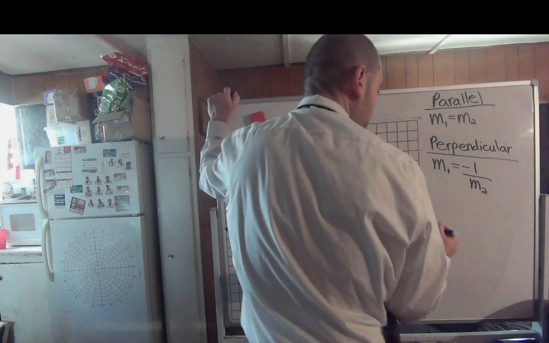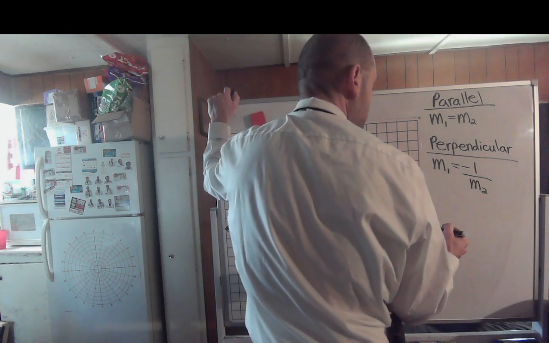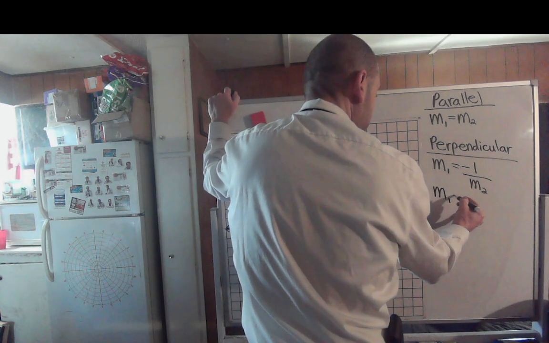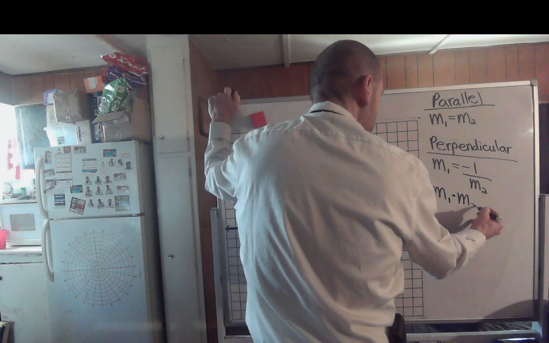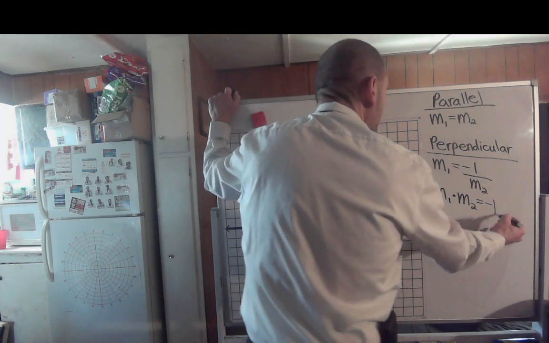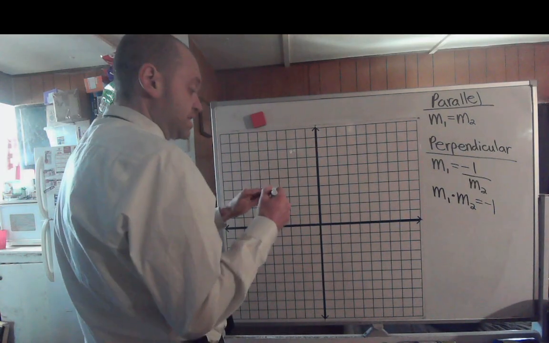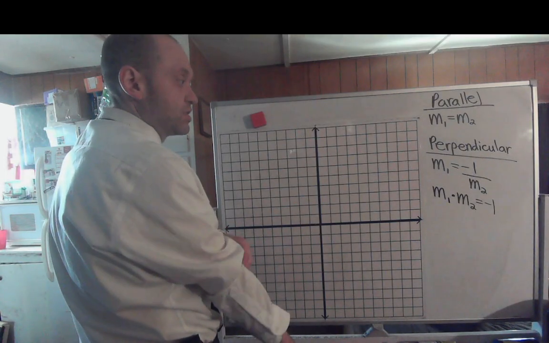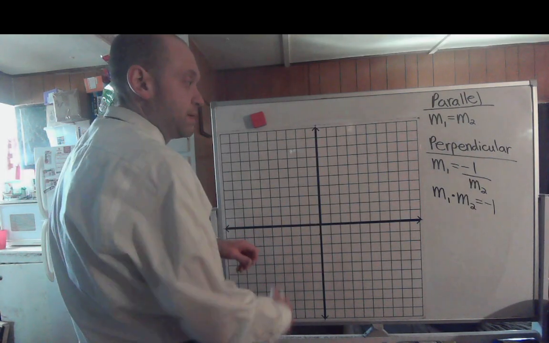So what you should get then is that the product of the first slope times the second slope would equal -1. That's what you should get every time.